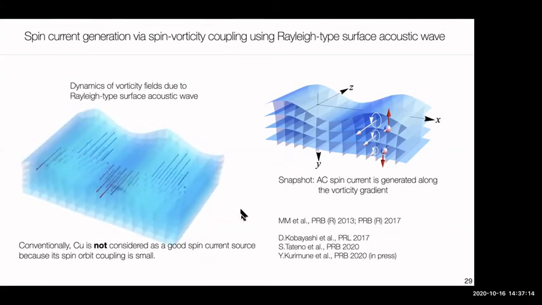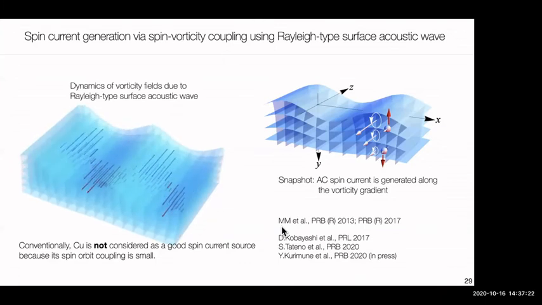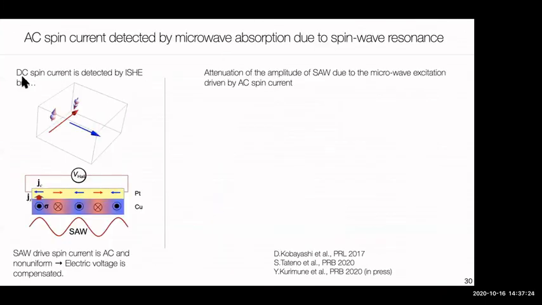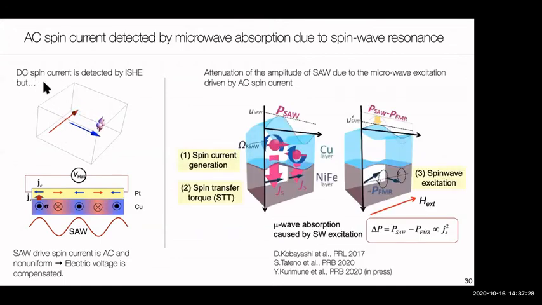Which means we cannot access the spin current by using the inverse spin Hall effect, because conventionally DC spin current can be detected by using the inverse spin Hall effect. For instance, you put a platinum film onto the spin current source and measure the electric voltage.